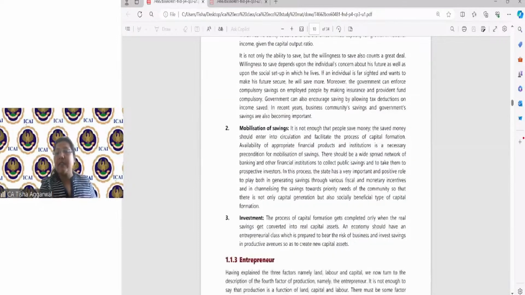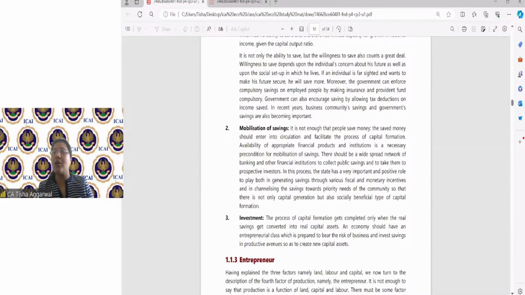Next is mobilization of saving, one very interesting thing. If I have 100 rupees of my income, just keeping it in the bank locker, will that give me anything? No. Just putting that 100 rupees into the locker will not give me any benefit. Correct?